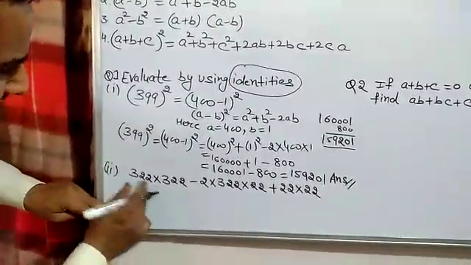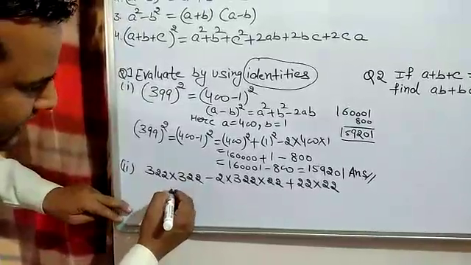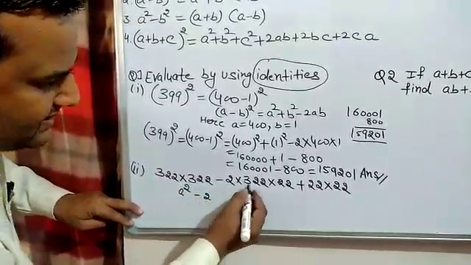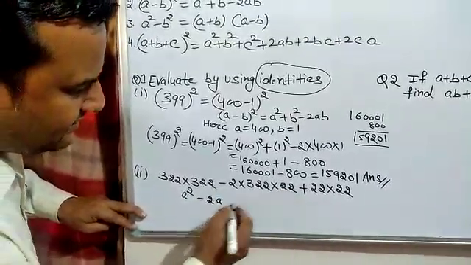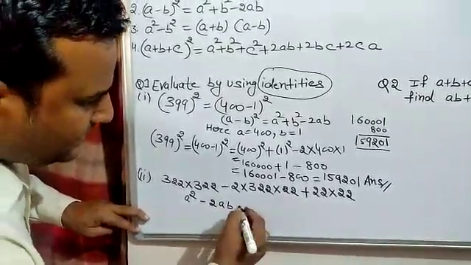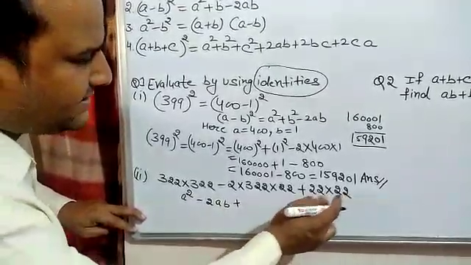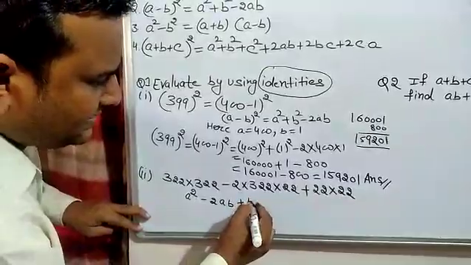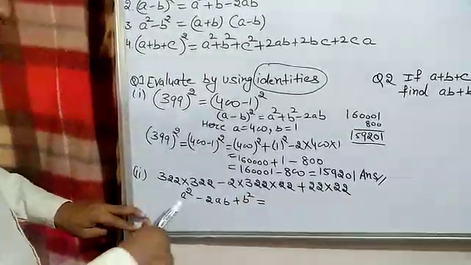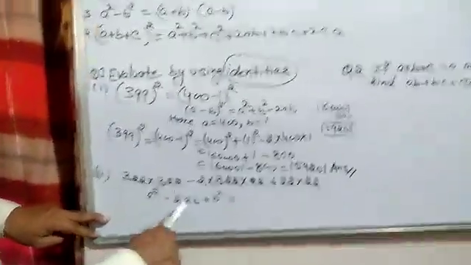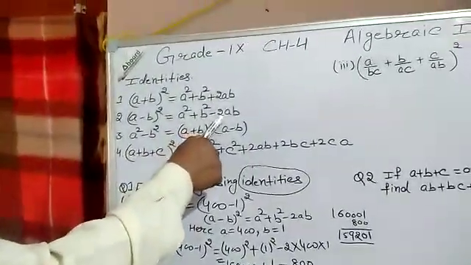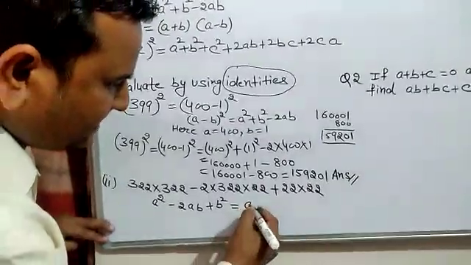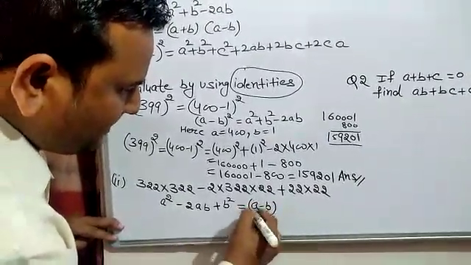See, if this is a, then a into a is a square, then minus 2, this is a, and if the last number I give b, so this is 2ab, then plus b into b is b square. And we know that a square plus b square minus 2ab is equal to (a minus b) whole square.